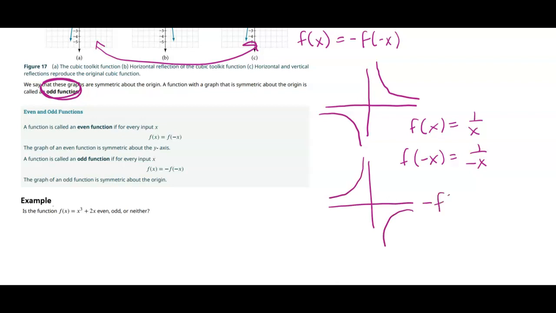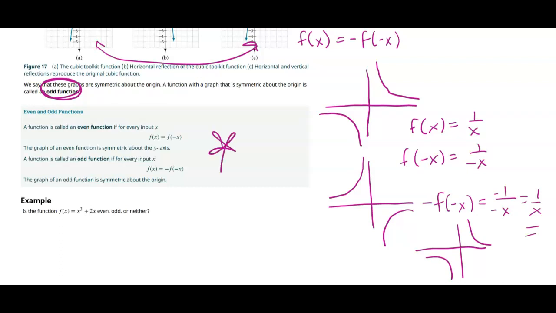And then if I take a negative, I end up getting the exact same function. So these are the official rules right here. They're written above, but this is just how you can look at this, okay?